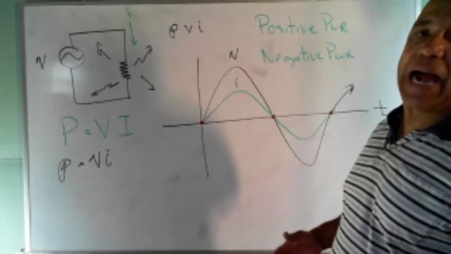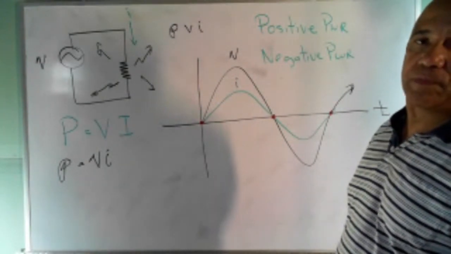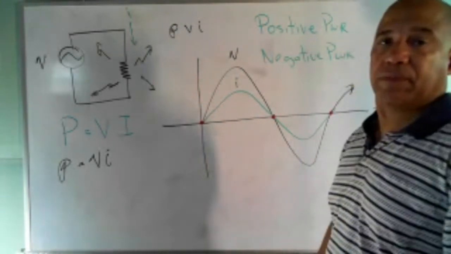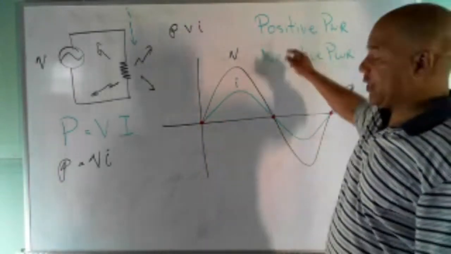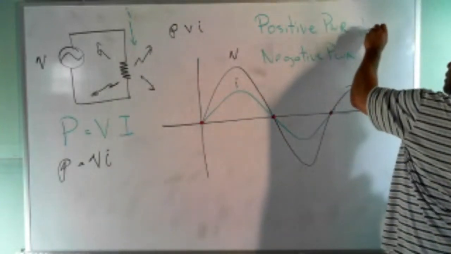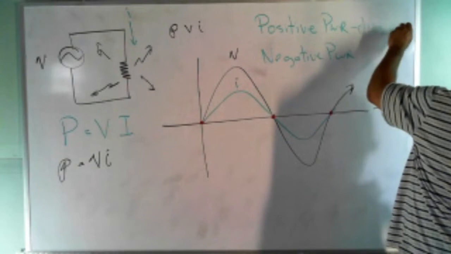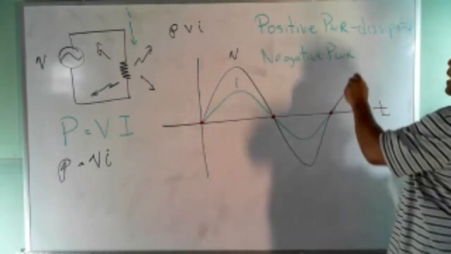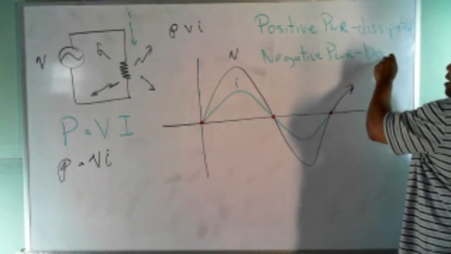Positive power is power that's dissipated. Negative power is power that's borrowed and returned to the system. So positive power is dissipated power. And negative power is what I call borrowed power.